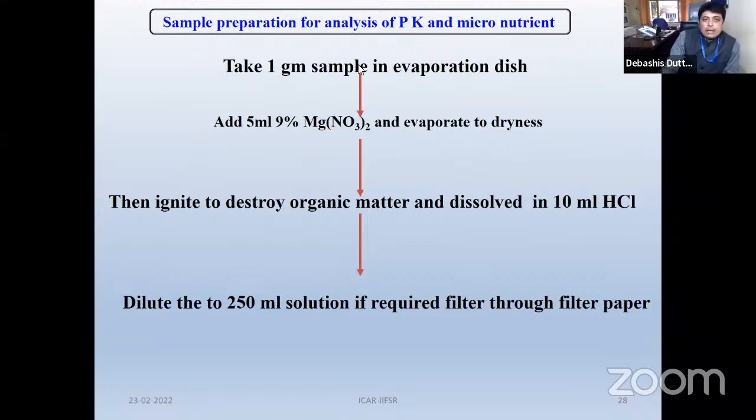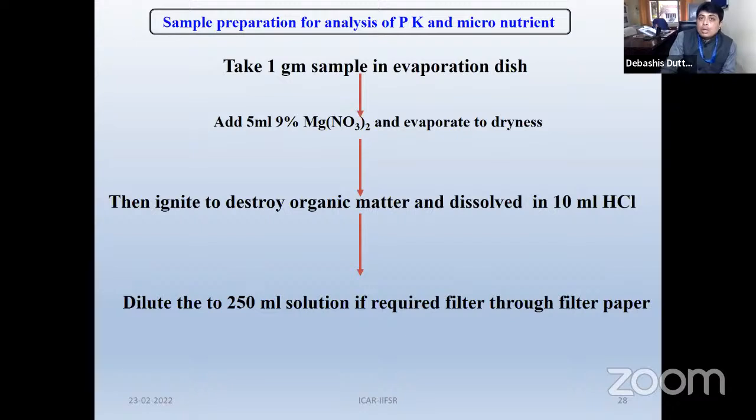Then we remove the organic matter through ignition in the furnace, and the residue left is dissolved in 10 ml hydrochloric acid. After dissolving, we prepare a stock solution of 250 ml, from where we can estimate the phosphorus, potassium, and micronutrients.